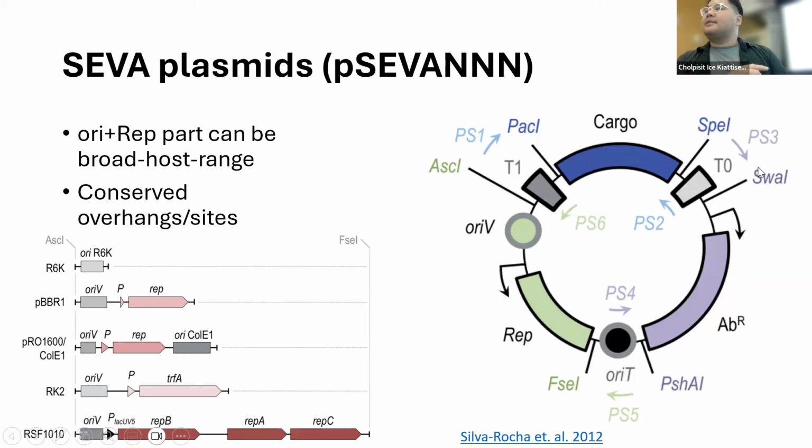There are some enzyme cut sites in the BioBrick system as well, but this one is a little bit more systematized, where they take into consideration that these replication systems will have the same direction of the replication protein, and they will have the orientation of this readout in a more systematic way.